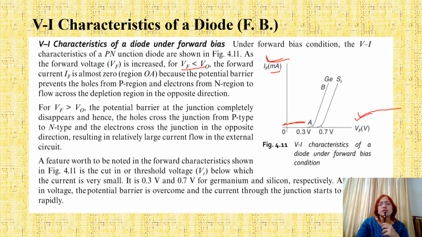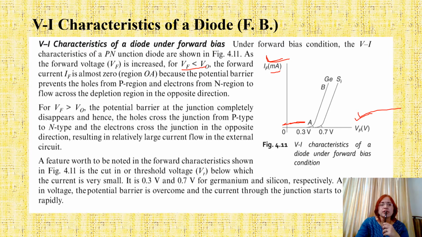Similarly, electrons in the N region will not be able to cross in the opposite direction. So therefore the current IF will be almost equal to 0. This OA part of the characteristic shows when VF is less than VO.